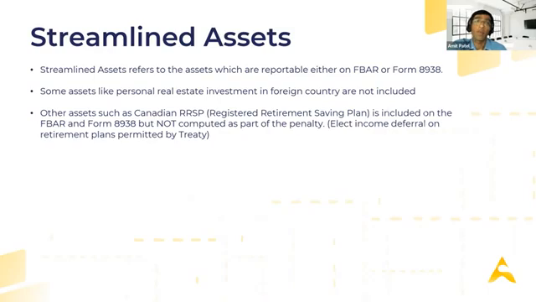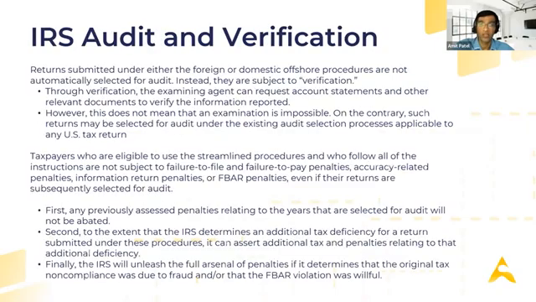It is included on FBAR and on Form 8938, but not computed as a part of this penalty for streamlined, because there is an election available for deferral on this. Depending upon the country in which you have these foreign financial assets, and depending upon the tax treaty, you can have different situations. So it's important that you describe your situation properly to tax professionals so that they can advise you properly.